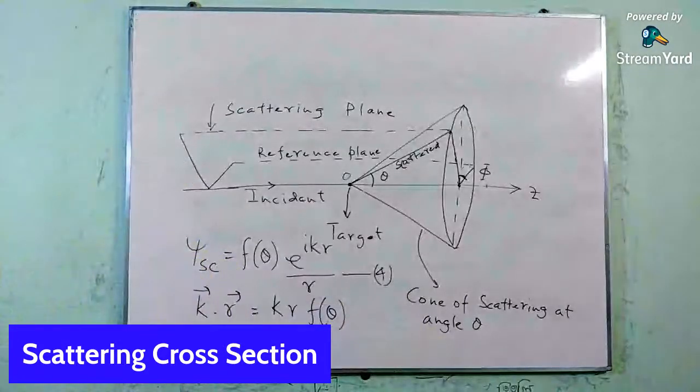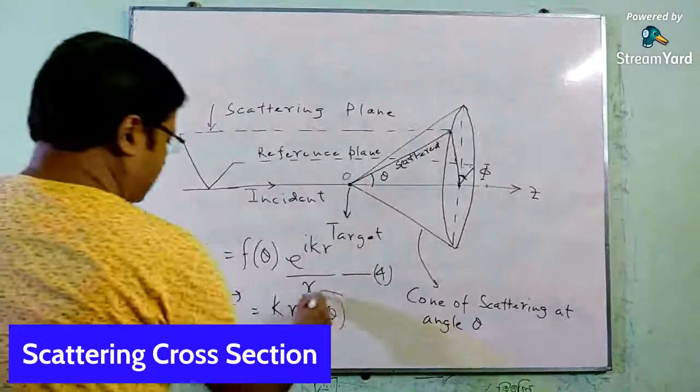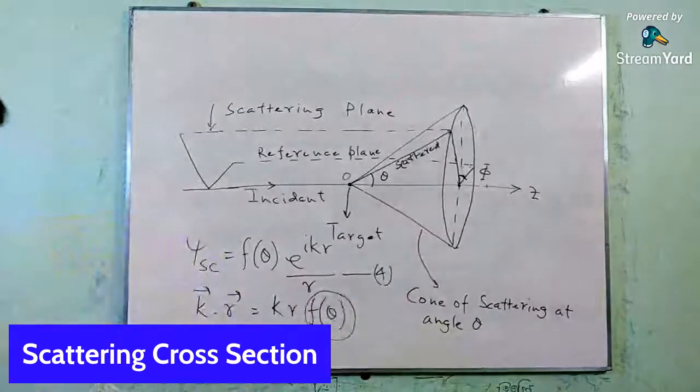Now this is the function f theta. This function f theta describes the angular distribution of the scattered wave and is known as the scattering amplitude. What is the scattering amplitude?